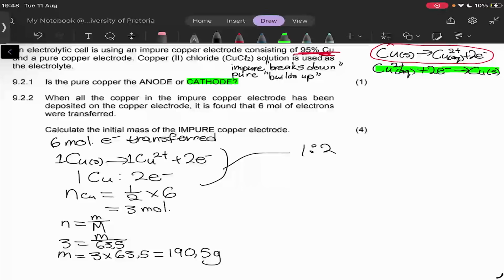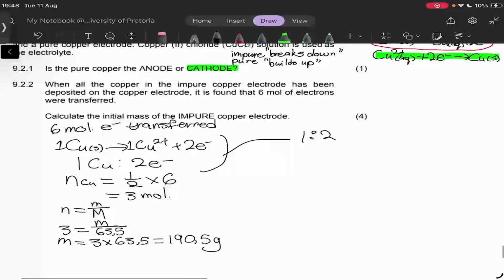I'm seeing a range of answers. I'm seeing most of the same answer, and then I'm seeing a couple of answers deviating. So for this one, to get it, we know that the total mass, right? So let me write M impure.